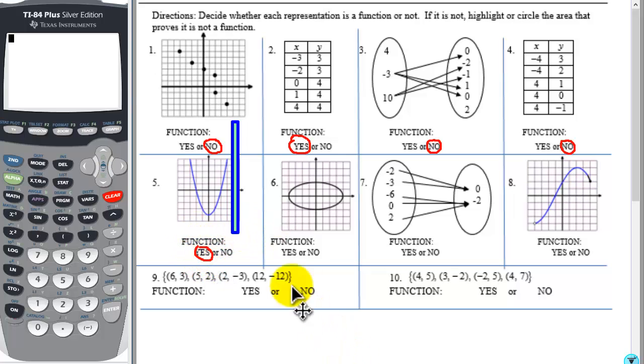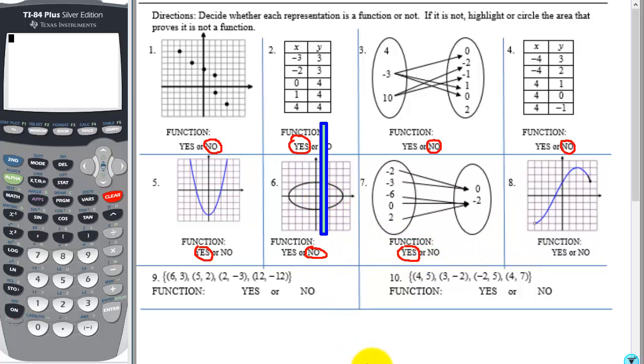For the next one, as I move it across, I can see that I'm touching 2 points at the same time, so that means it's not a function. For the next one, the x value does not repeat, and I only have one arrow coming out from the left, so yes, it is a function.